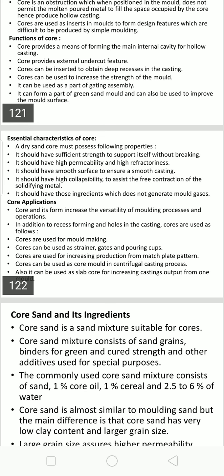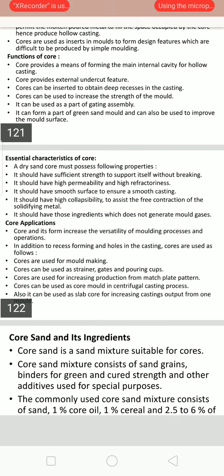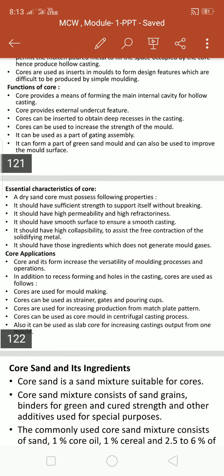The core should resist erosion by molten metal, because a lot of molten metal you are pouring completely surrounds it while flowing into the mold adjacent to the core, so the core surfaces should not be eroded.